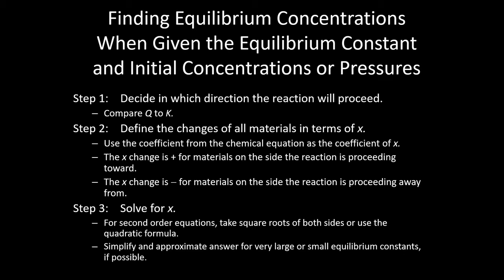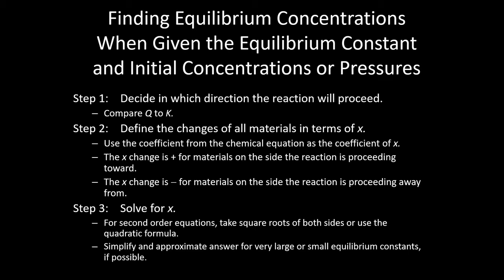So we're going to define everything in terms of some unknown value x. Reactants are usually going to be disappearing by some amount x, or maybe 2x, depending on the stoichiometry, and the products will be appearing by some amount x.